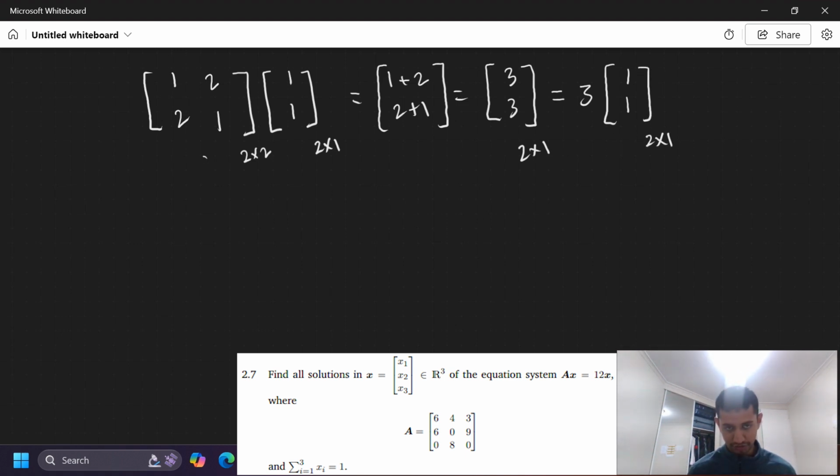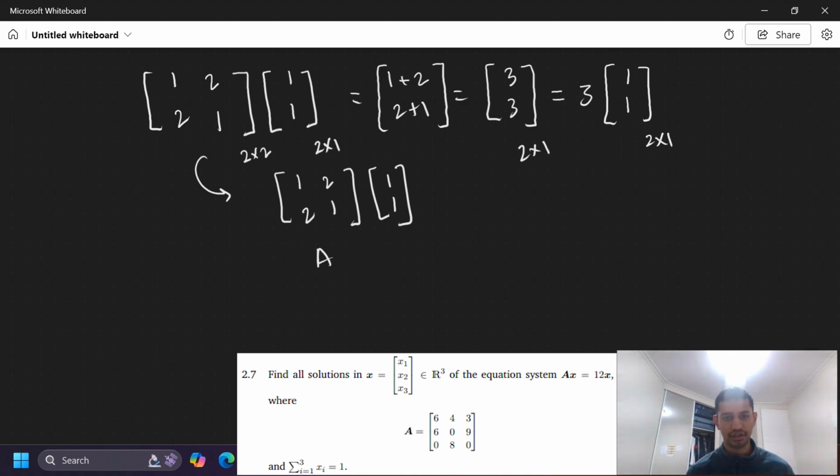And just for the sake of clarity, I'll write the entire thing down here again. So we had a matrix, let's call this A, some x, and this gave us 3 times the vector 1, 1, and again x, where this was a vector. So this describes exactly what happened here in symbols.